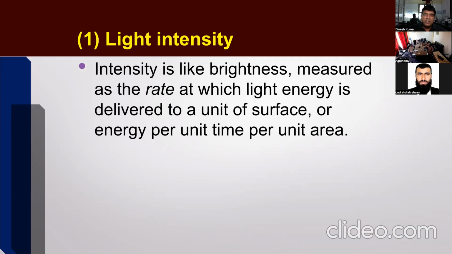And it is measured as the rate at which light energy is delivered to a unit of surface, that is, energy per unit time, per unit area. So energy per unit time, per unit area is your light intensity.